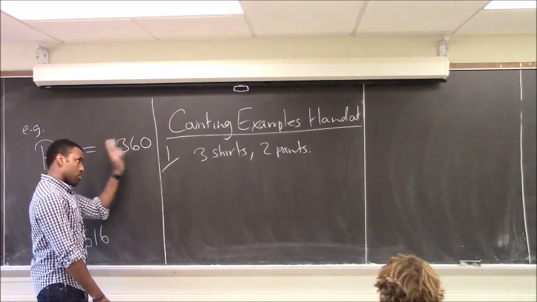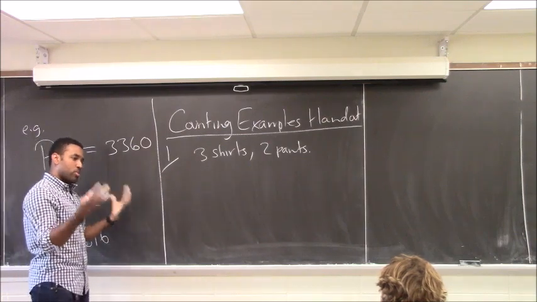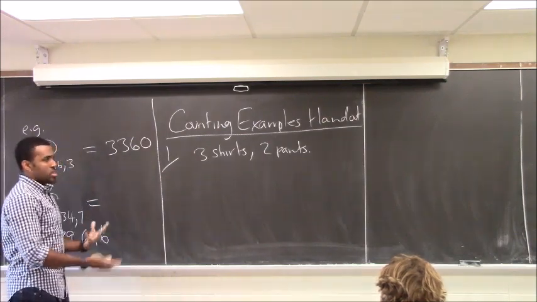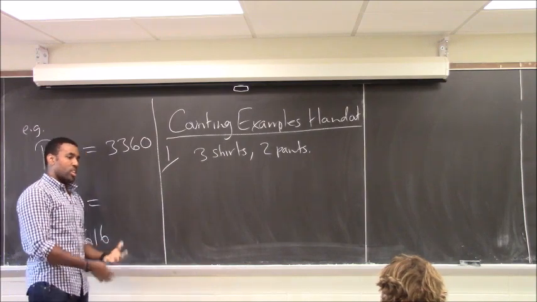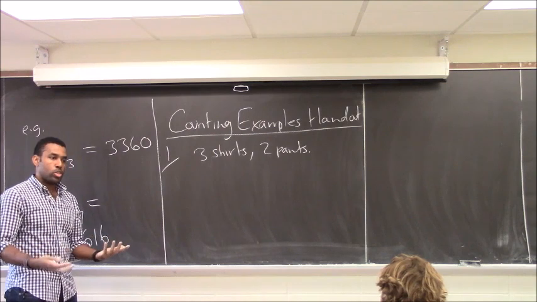So, in other words, when I spoke before about experiments and stages, you want to take those terms very loosely. Sometimes you can think of almost anything as a stage. You can think of getting dressed as the experiment. This experiment will have 2 stages.